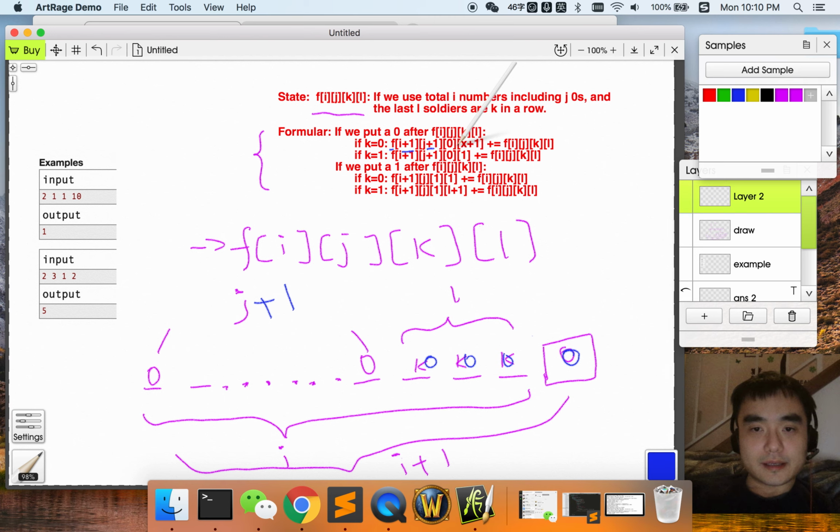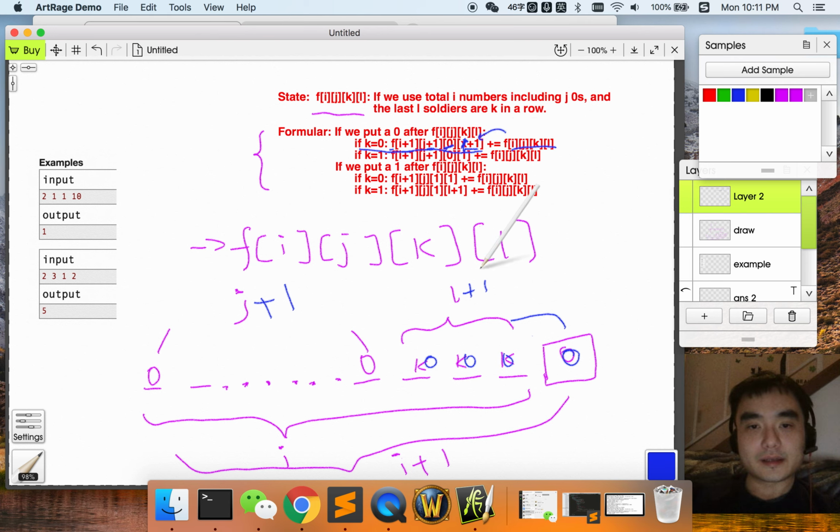And actually here it is L plus 1, right? The last L plus 1 numbers are 0, right? So we need to add all these possibilities into this state.